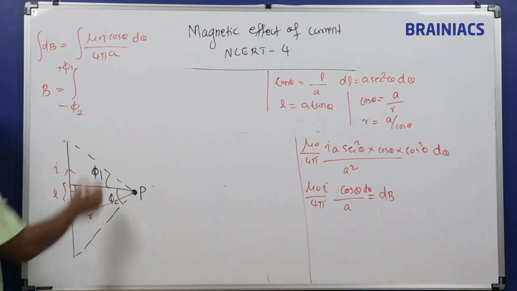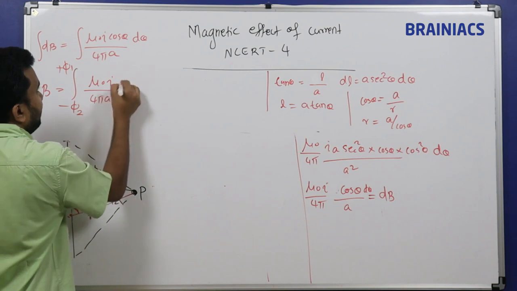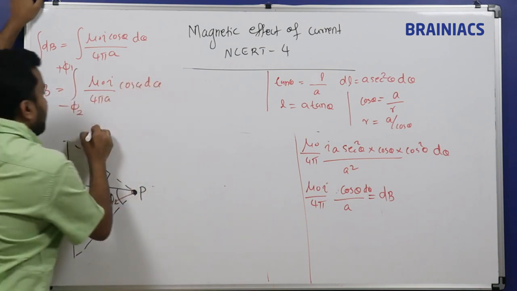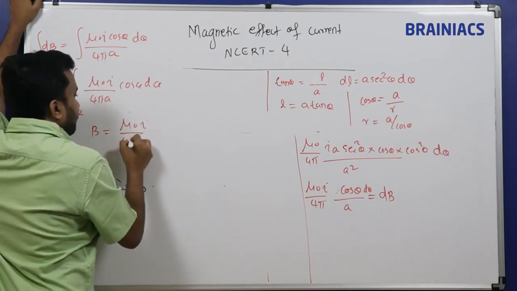So from minus phi2 to phi1, mu 0 I by 4 pi a into cos theta d theta. These all things are constant, we can take them outside.